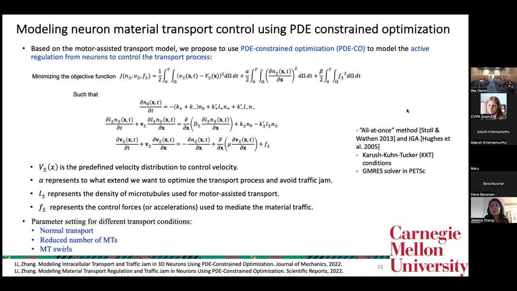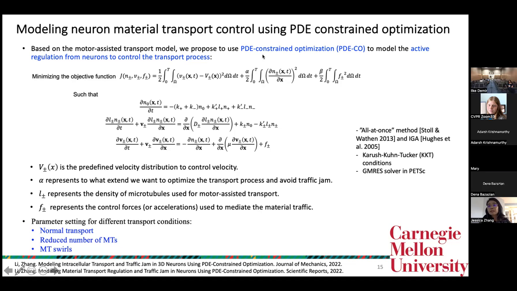The first term is defined based on the velocity. Capital V plus-minus is the desired velocity. So given certain input settings, the initial condition, boundary condition, and all the parameter settings, we can use the Navier-Stokes equation to calculate this desired velocity.